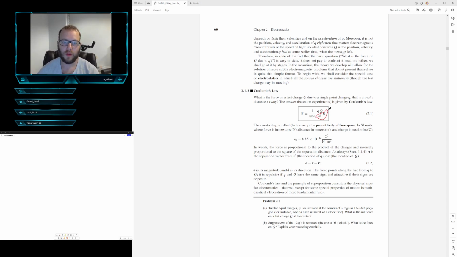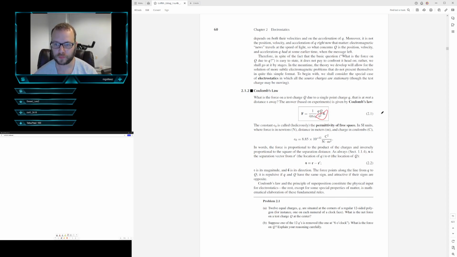What this means is that the direction of the force is pointing along the line connecting the two charges, and also that the strength of this force drops off as 1 over r squared.